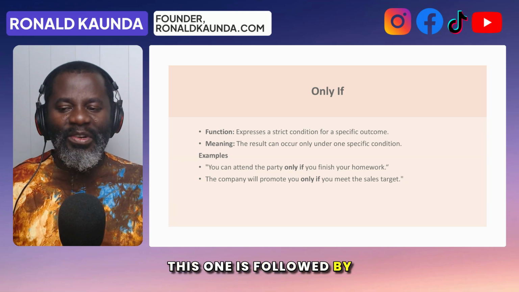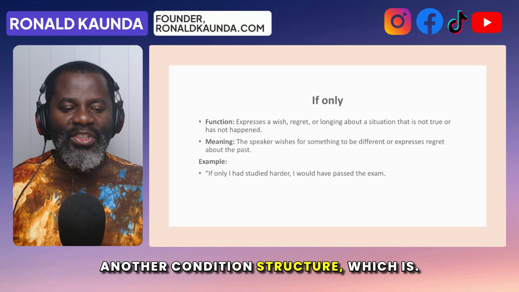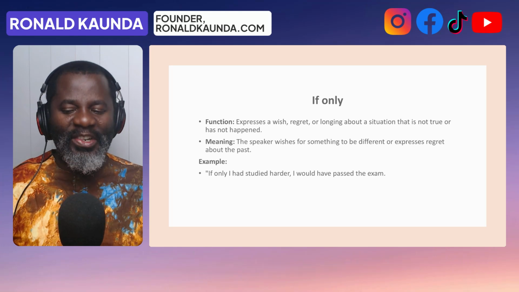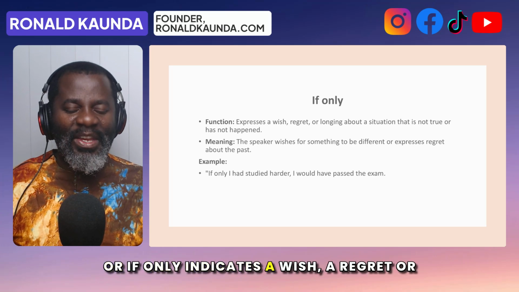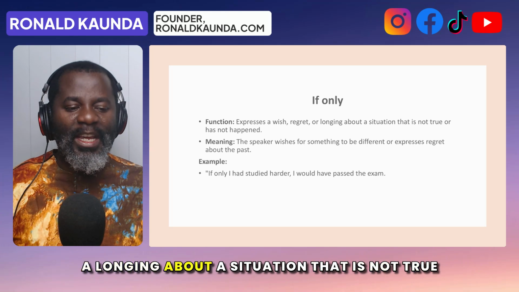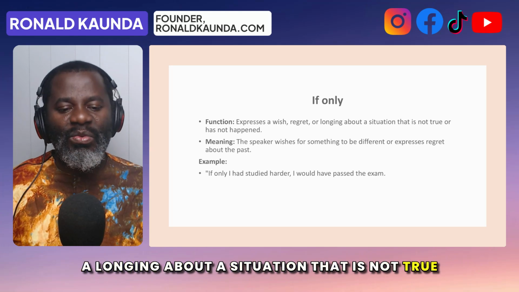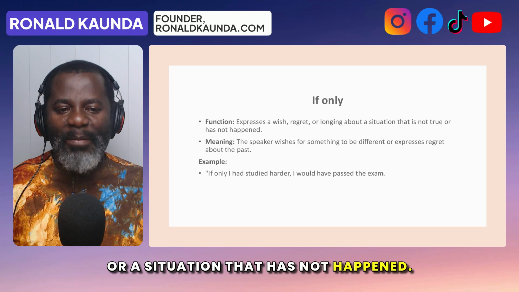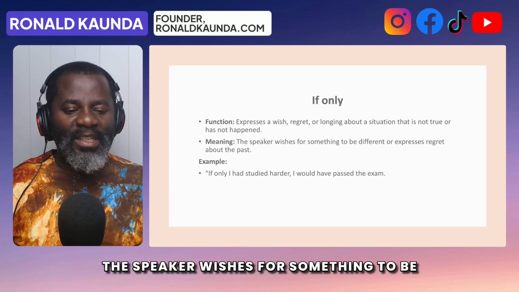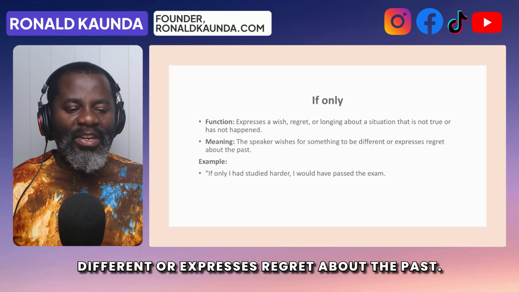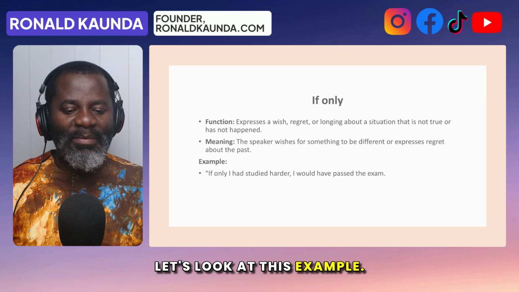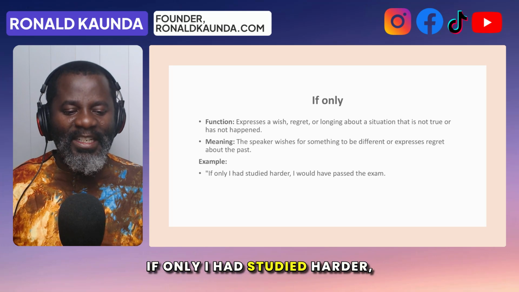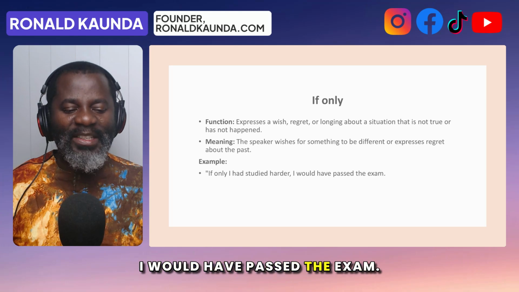This one is followed by another condition structure, which is if only. If only indicates a wish, a regret, or a longing about a situation that is not true or has not happened. The speaker wishes for something to be different or expresses regret about the past. Let's look at this example. If only I had studied harder, I would have passed the exam.